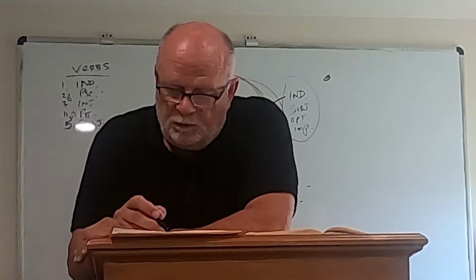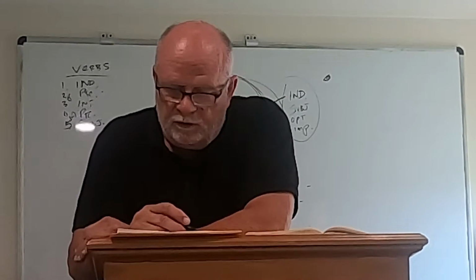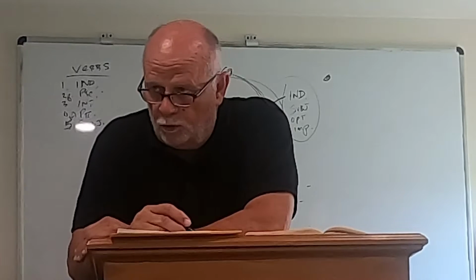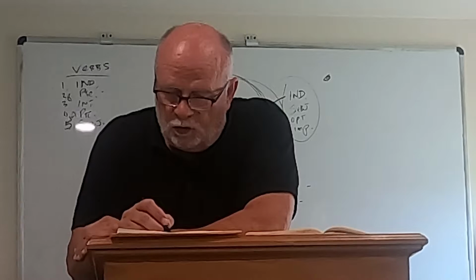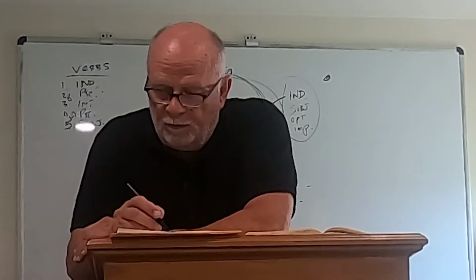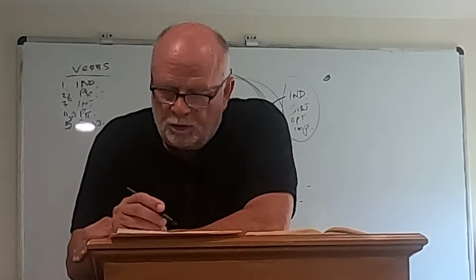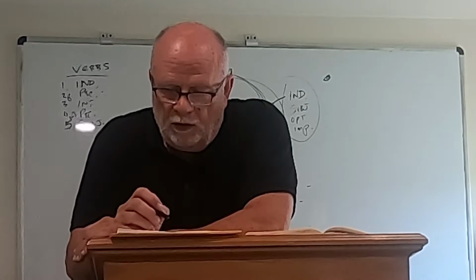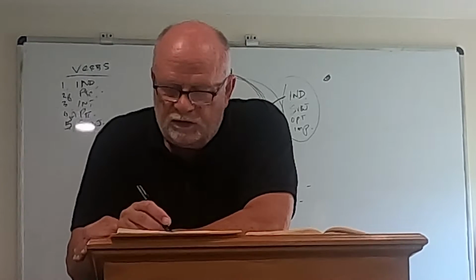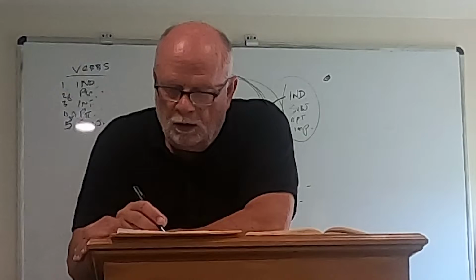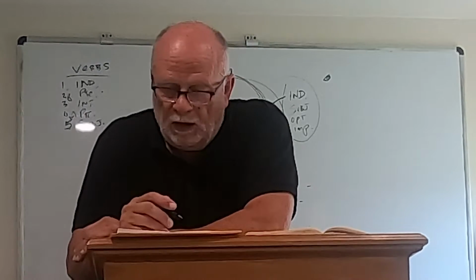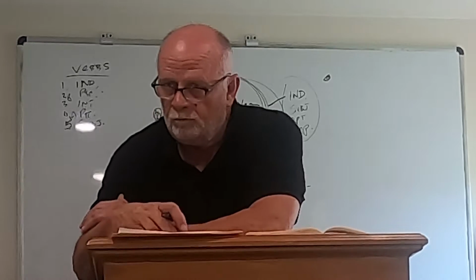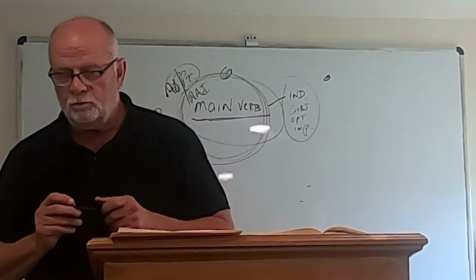Now look at the main verb: "is," present active indicative. The word katabainon, coming down, is a present active participle. Now, when is the coming down occurring? At the same time as the main verb. If it's present, it has to be at the same time. That's right.